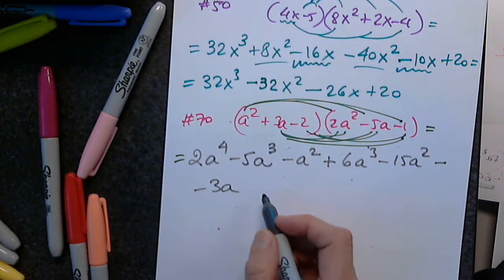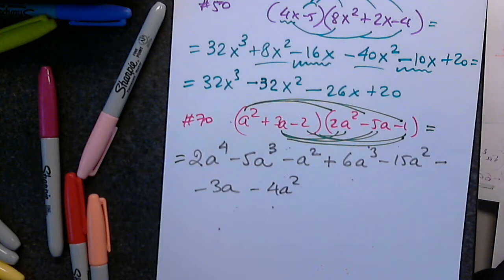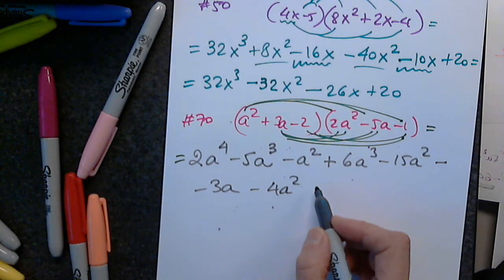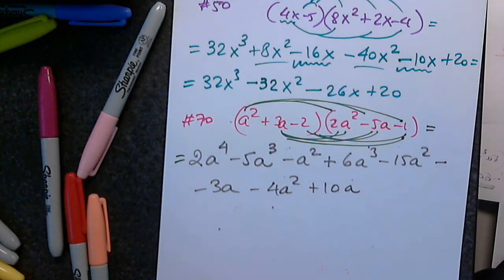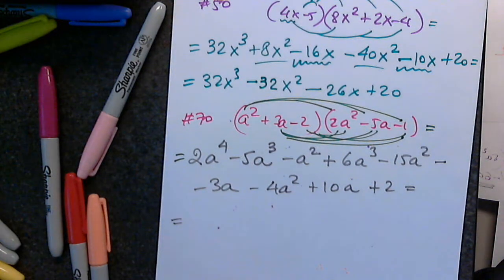Next. Minus 4a squared. Very good. Minus 10a. Careful. Plus 10a, plus 2.